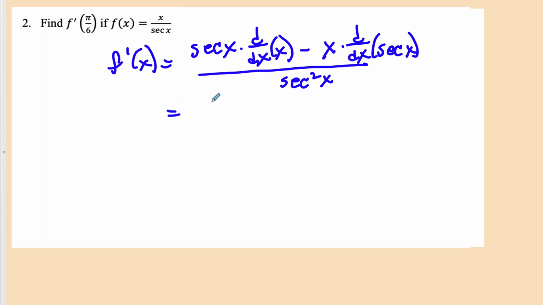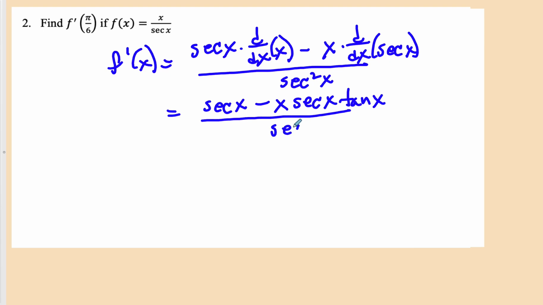All right, so now I'll have a secant squared x times 1, I won't bother to write that down, minus x, and then we're going to have secant x times tan x all over secant squared x. Now I'm noticing that I really prefer to do some simplifying before I actually substitute that 1 and find the slope of the tangent line.